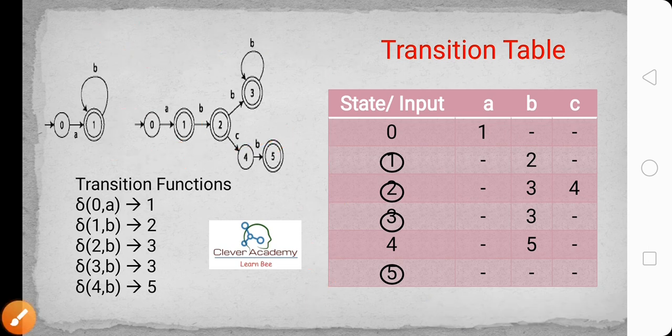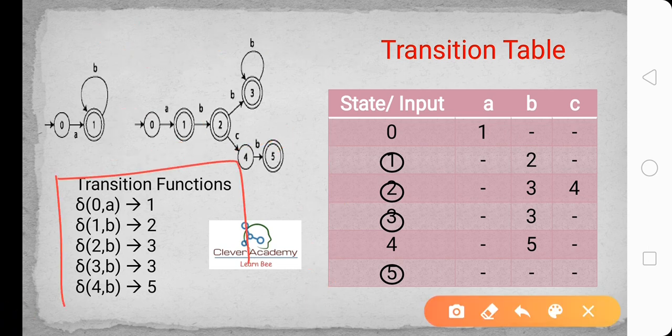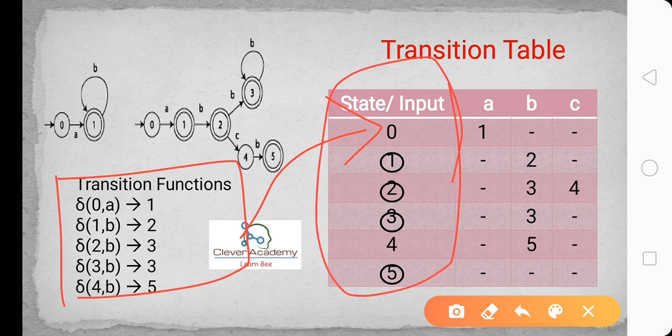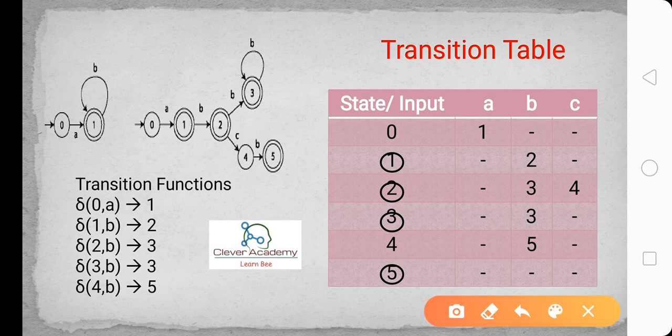The same way you represented it in the transition function, you can represent it in the form of a table. That is called a transition table. The transition table has the states and the input alphabets. The total states are 0, 1, 2, 3, 4, 5.